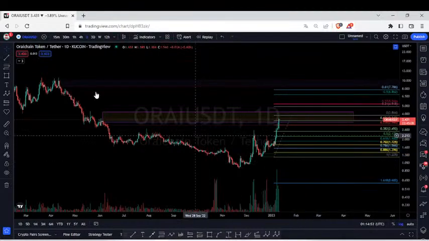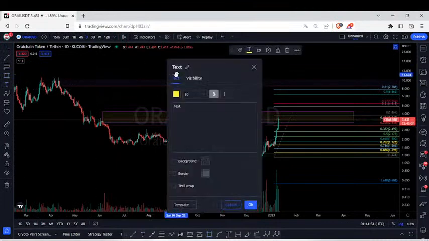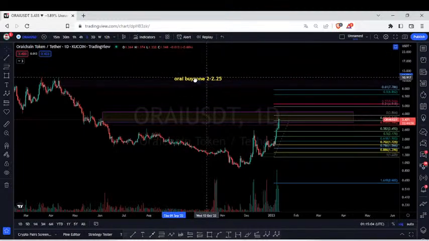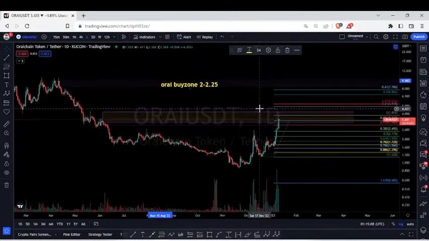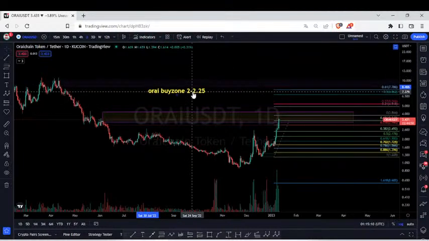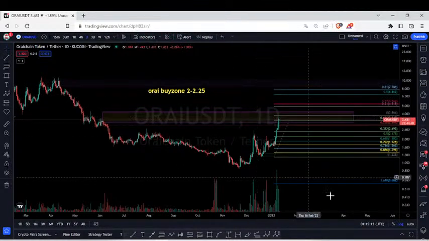So let's put a mark here. Buy zone around $2 to 2.2. Now you can screenshot. Let me increase this. Yeah, you can screenshot it and just save it.